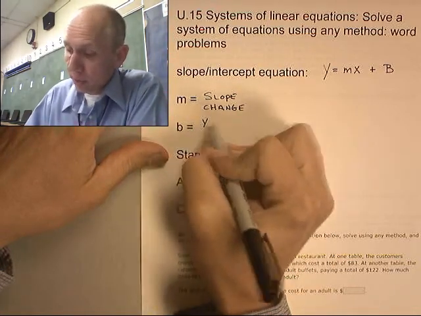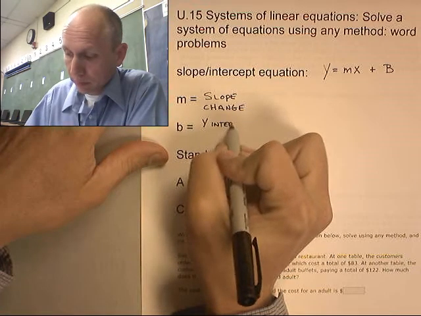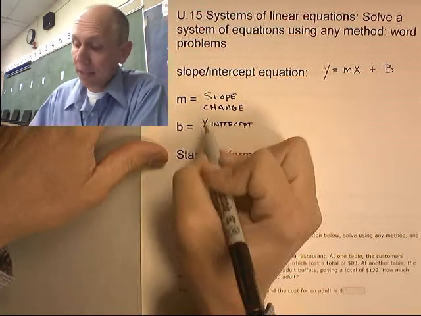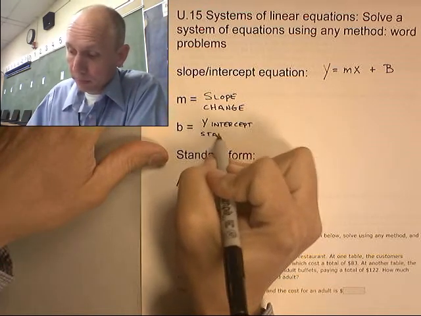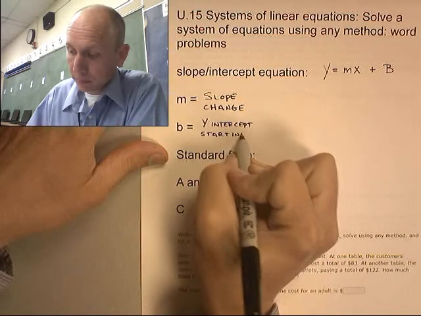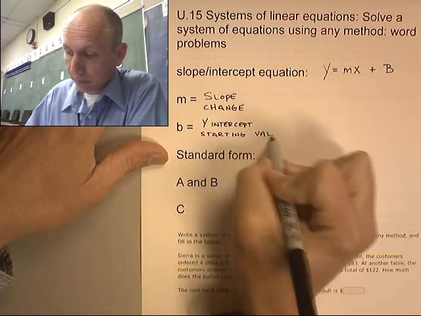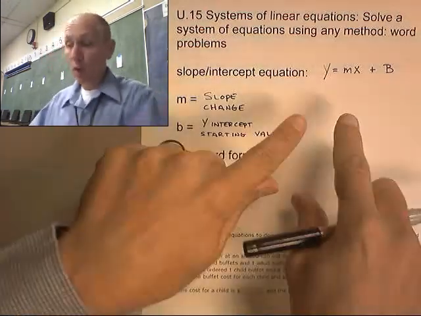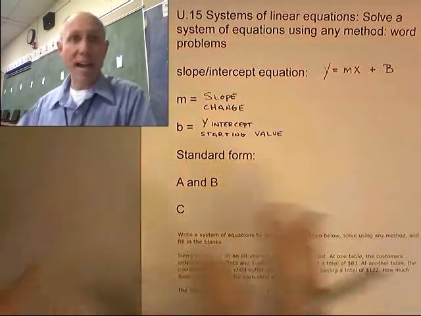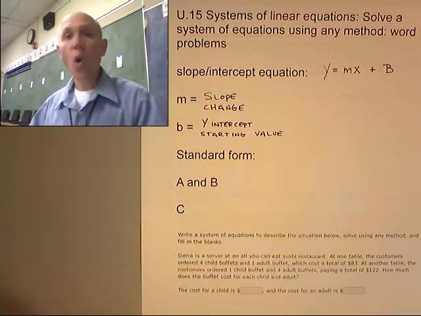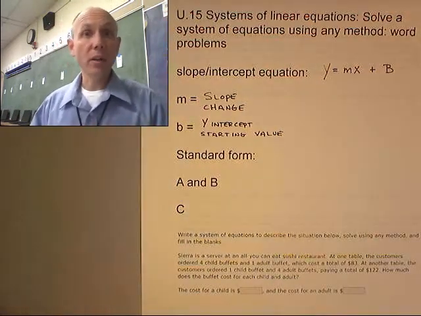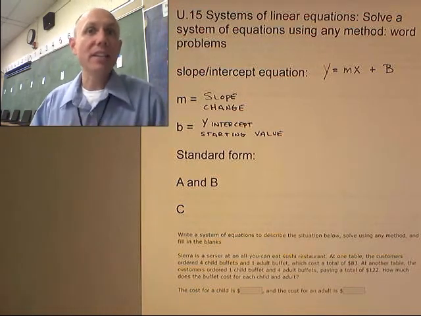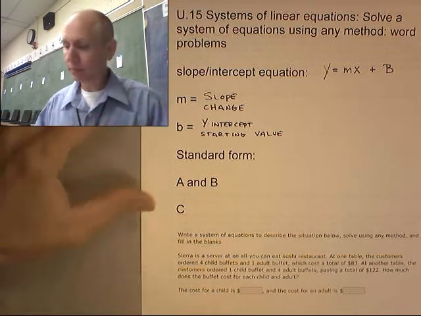B is the y-intercept. But when it comes to word problems, it's the starting point, or starting value. So we can think of the slope-intercept equation all mathematically, slopes and intercepts, or we can think about it in a real world context of how are things changing and how did things initially start, the starting value.